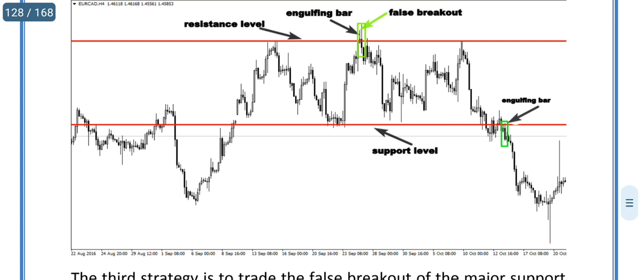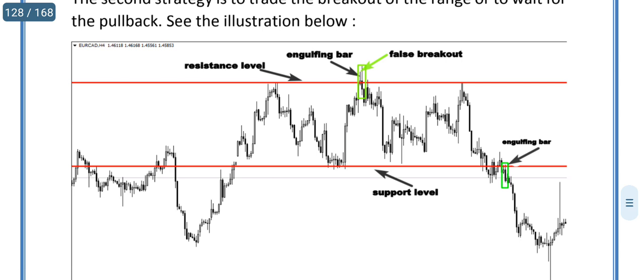So we can also trade the engulfing bar candlestick formation after a breakout from the major support level. After the breakout, we see the prices continuing downwards, because a bearish engulfing bar candlestick was formed at the major key support level.